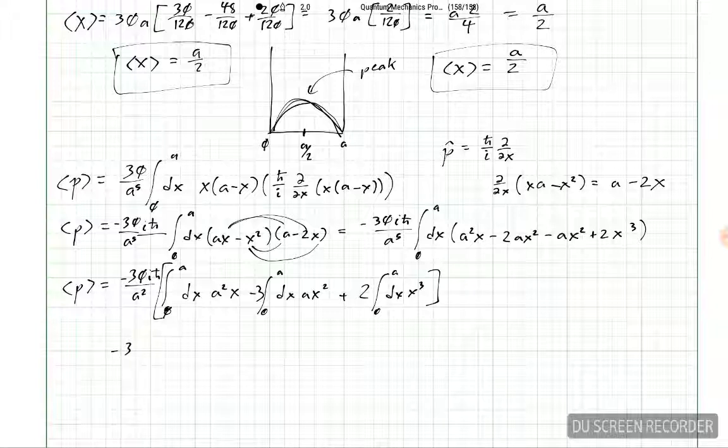Very straightforward. Integrals, there should not be any issue there. So my integral of x is x squared over 2, evaluated at 0 and a, minus 3a, and then we have x cubed over 3, and then we have 2, and then the integral of x cubed is x to the 4th over 4.